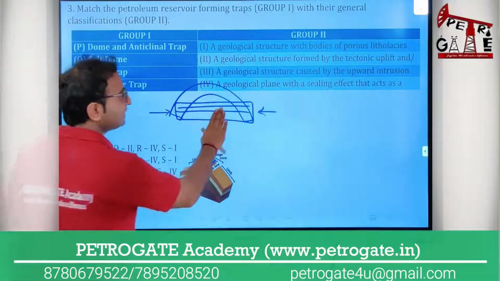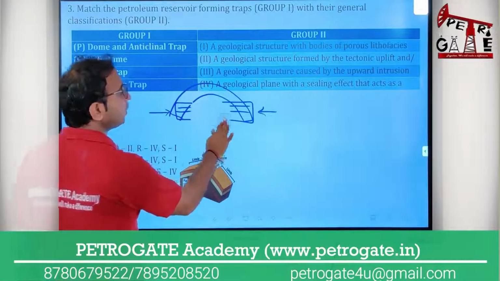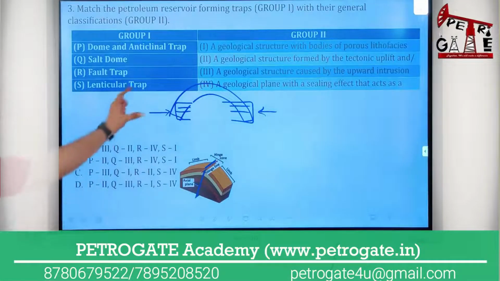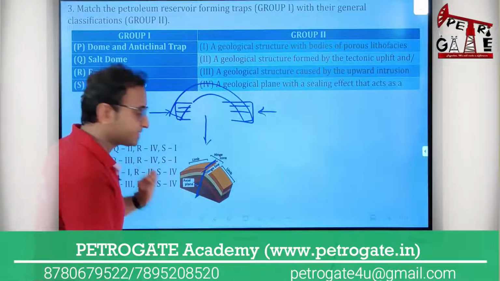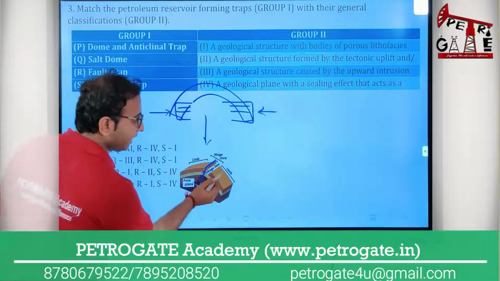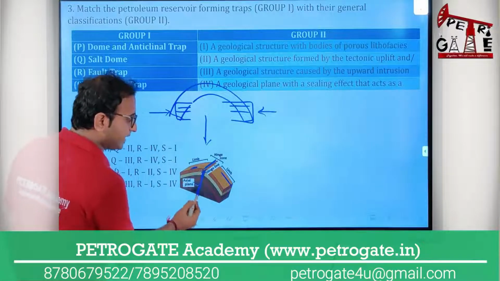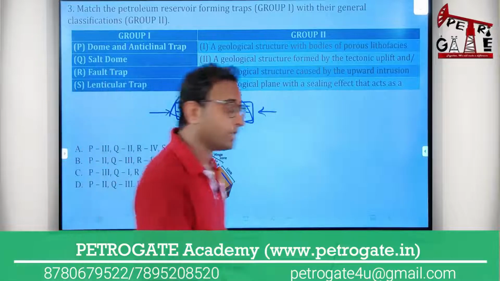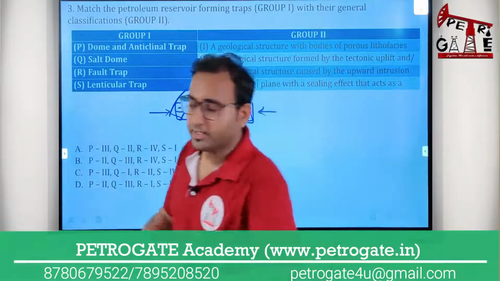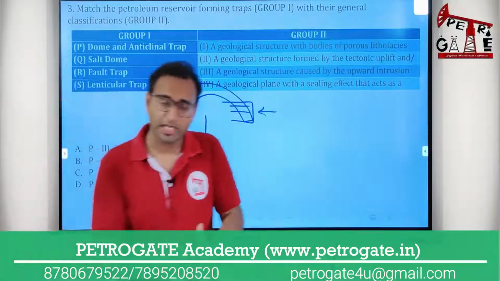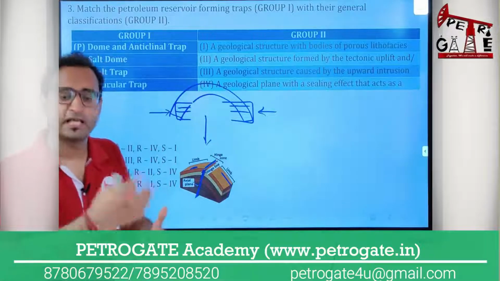So now you will see this kind of trap form. In our lecture series we will also discuss what a limb is, what an axial plane is, and according to the axial plane how we can categorize different folds, either recumbent, isoclinal, symmetrical, or asymmetrical.